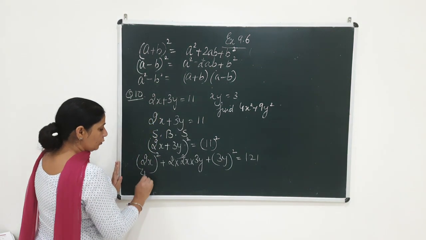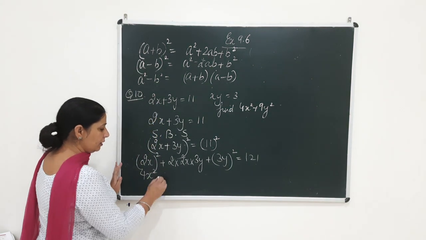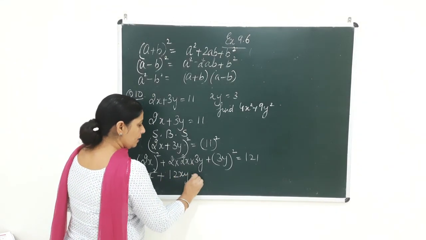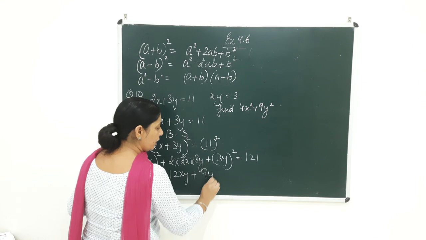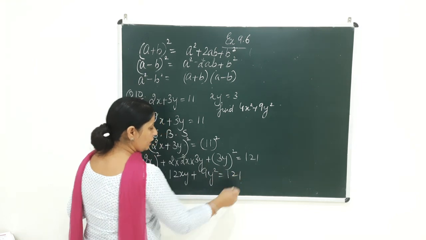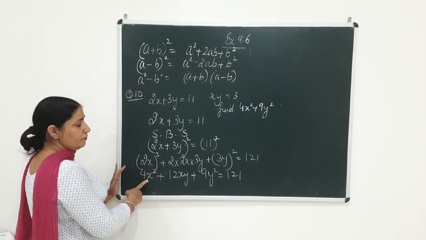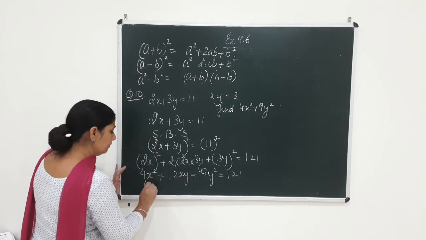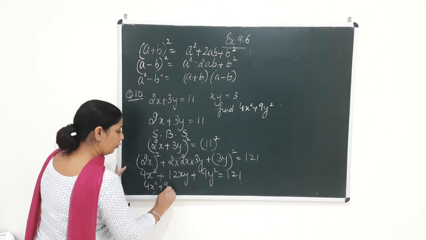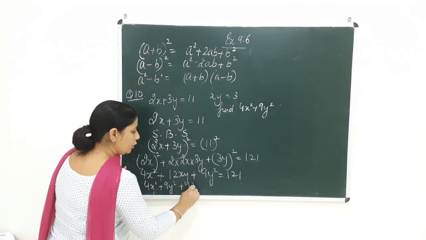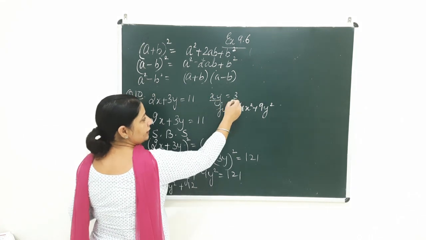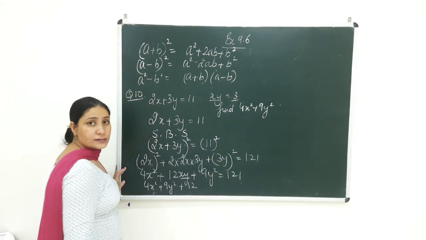So beta, the square of 2x is 4x square, plus 2 twos are 4, 4 threes are 12, xy, plus the square of 3y, which is 9y square, is equal to 121. Now you can see I am getting 4x square and 9y square, both. In the middle term, I have got 12xy. Now I can see that I am already given the value of xy is equal to 3.